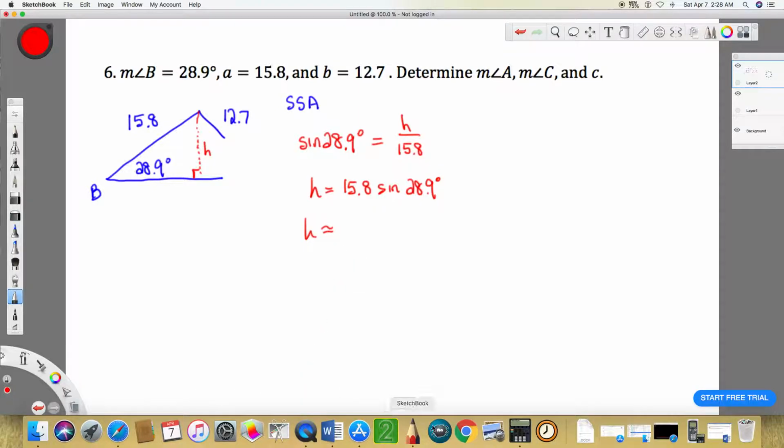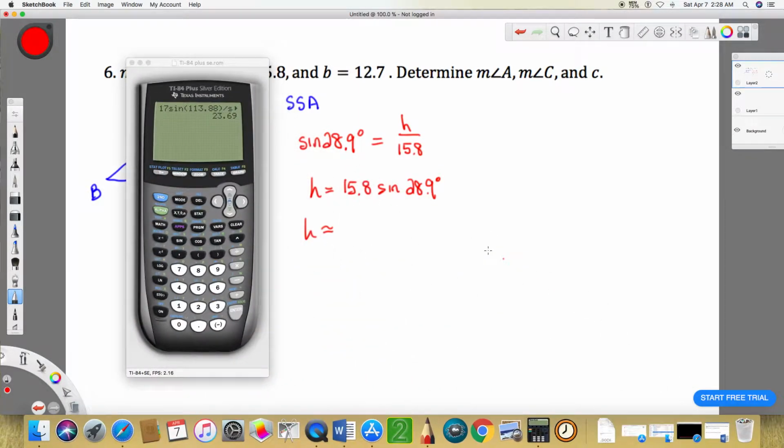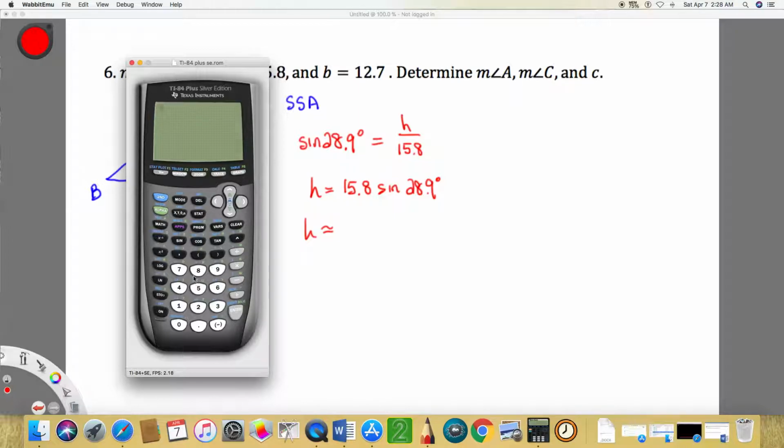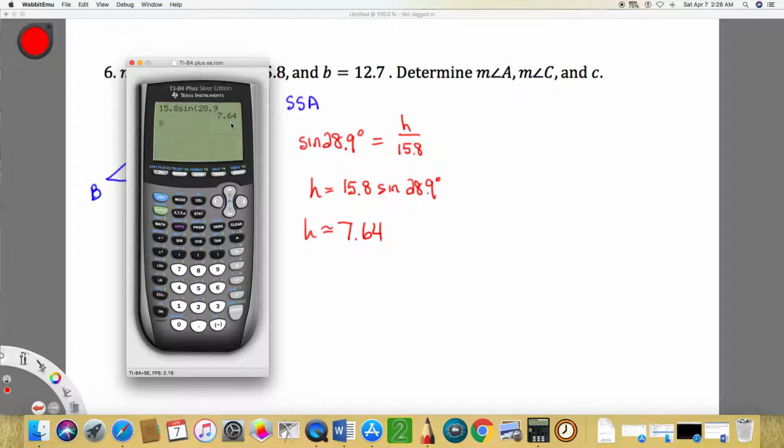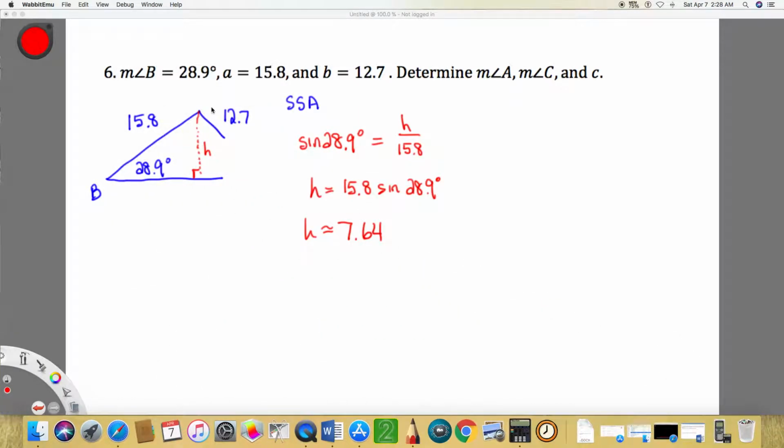So I'm getting that this height will be approximately 15.8 times the sine of 28.9, 7.64. All right, so this is definitely long enough. This 12.7 is definitely long enough to cover that height.